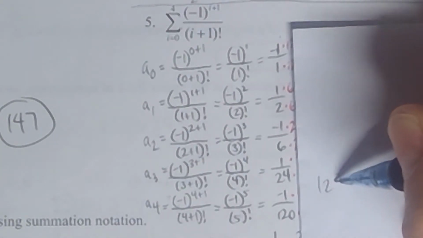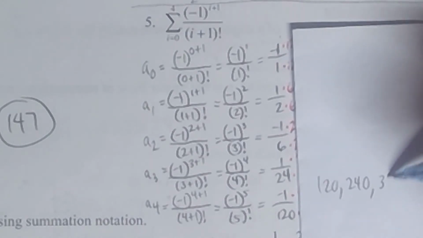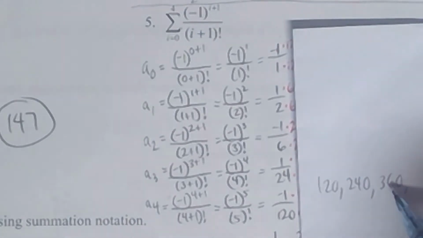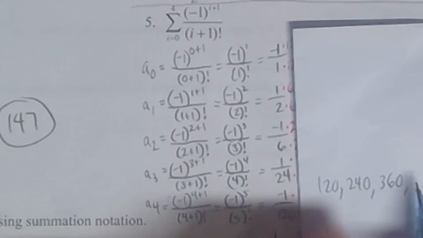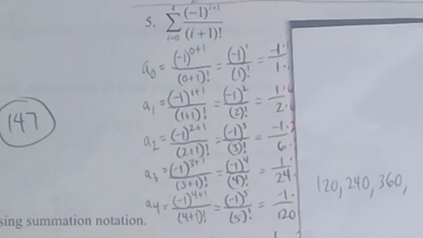Okay, 120, 240, which is 120 times 2. 360, which is 120 times 3. Fortunately, I don't have to go through this list beyond just the first number, but that's what you would normally do. If 120 doesn't work, you go to 240, and then you go to 360 if 240 doesn't work. But because 120 works, okay, then we can use that.